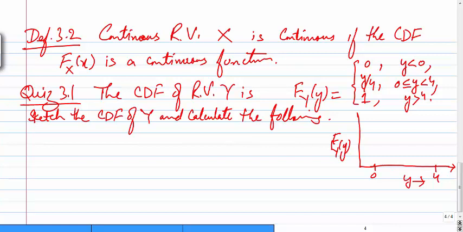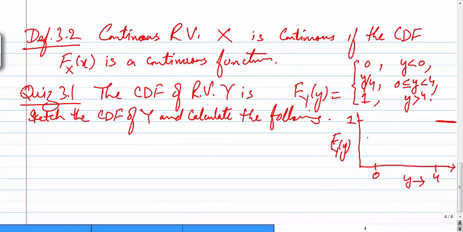At 0 it is 0. After 4 it is 1, so let's suppose this is 1. Now in between, we have to make this function y by 4.